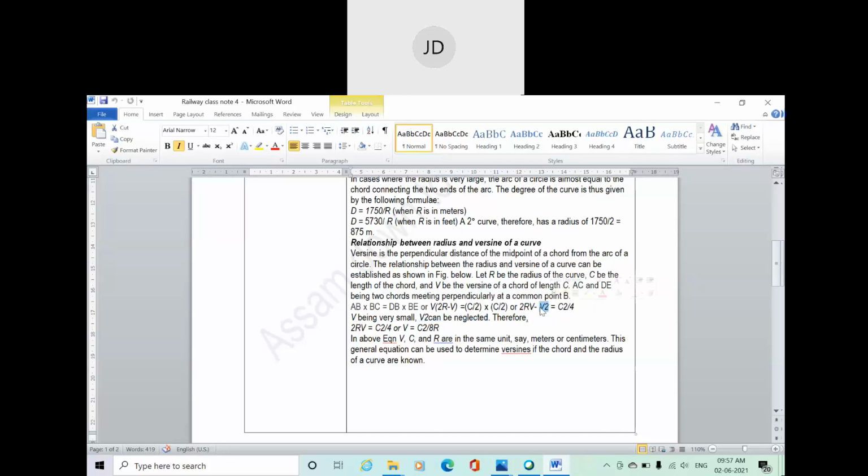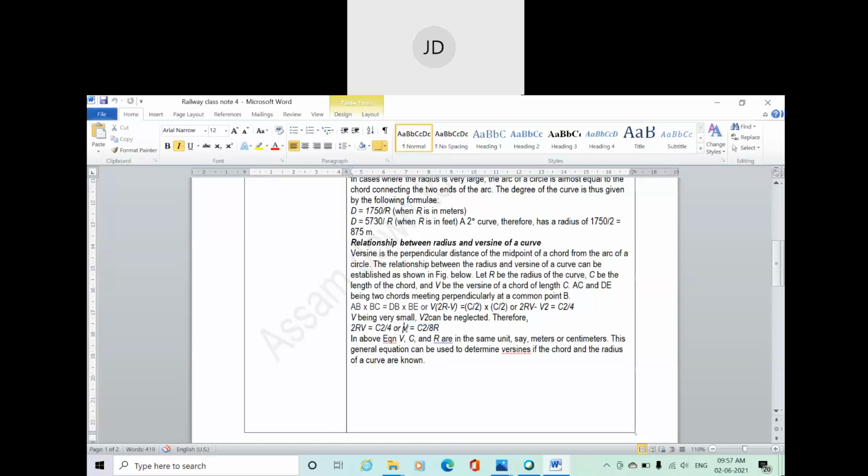So only this will be left: twice RV equals C square by 4. It is C square, fine. C square by 4. And from this relation, we can find out V is equal to C square by 8R.